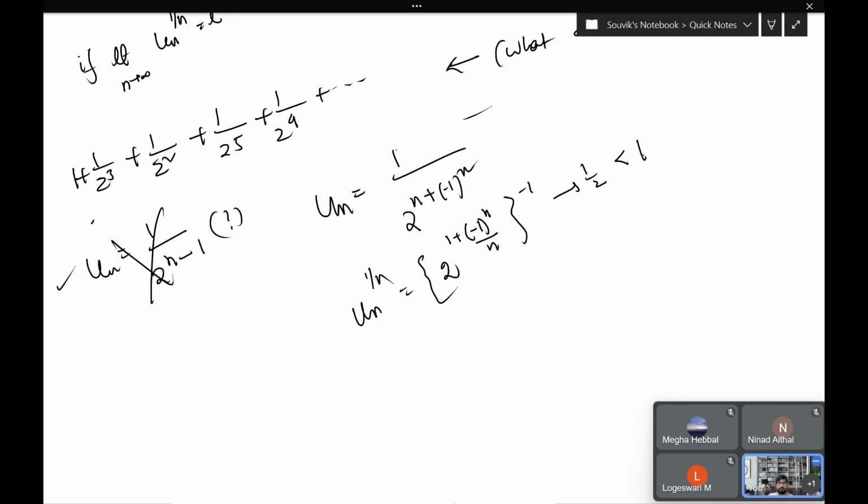So the given series is convergent. Understand? Do you understand this? Yes, sir.